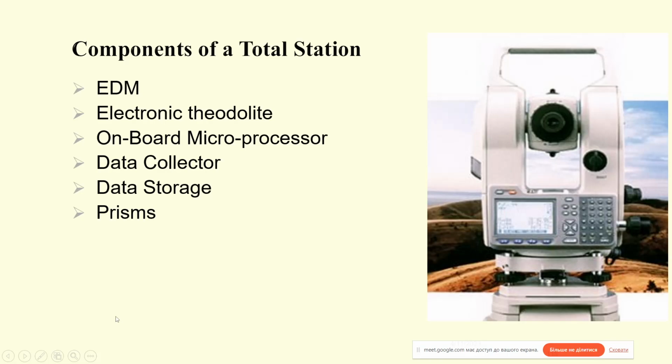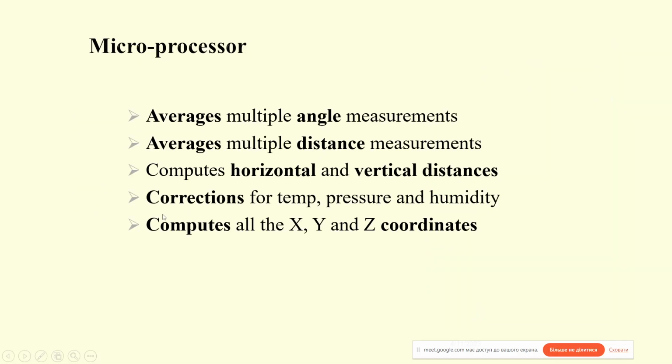Highly precise measurement of distances and angles. The components of a total station are electronic distance meter, electronic theodolite, onboard microprocessor, data collector, data storage, and prisms.